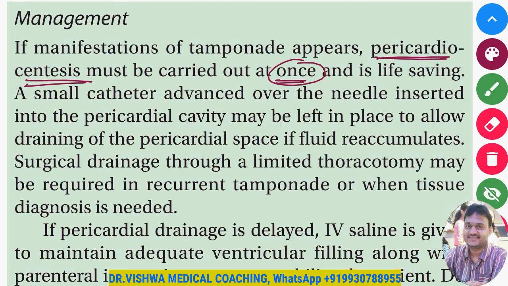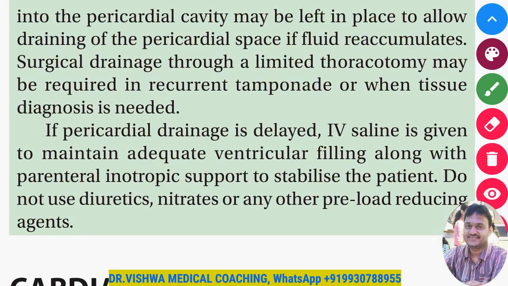It is life saving. And if the fluid is collecting recurrently, we can also insert a small catheter over the needle inserted into the pericardial cavity and leave it in place to allow the extra fluid to drain out. Just like we put a catheter in the pleural space, Malecot's catheter as it is called, for draining a pleural effusion, here we put a pericardiocentesis catheter and can keep it for recurrent pericardial tamponade.